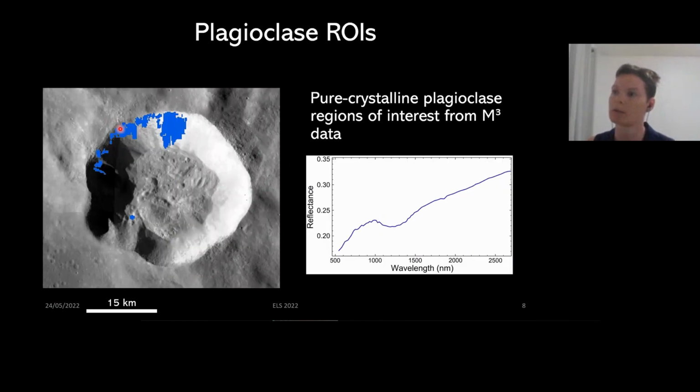We end up with a map like this for pure plagioclase areas. Once again, this is a pure plagioclase spectrum. In the case of Proclus, those are the areas where we see only pure crystalline plagioclase spectra.